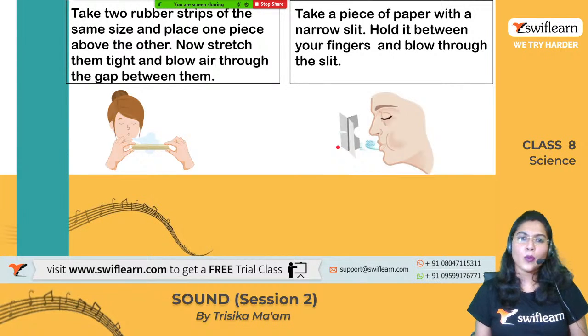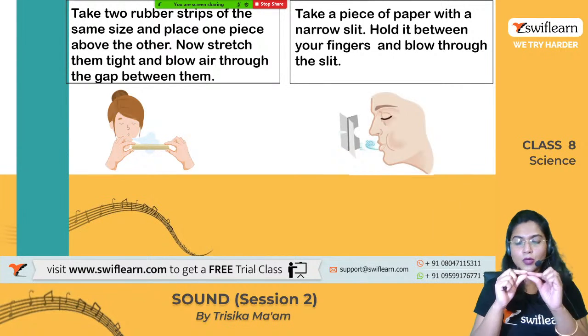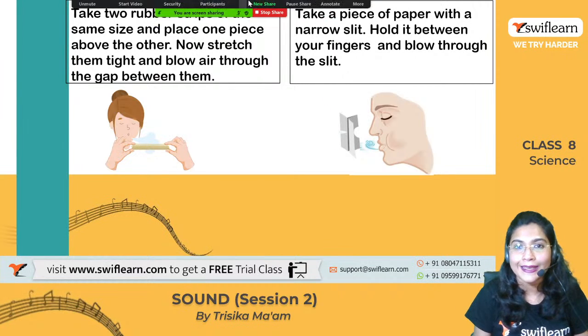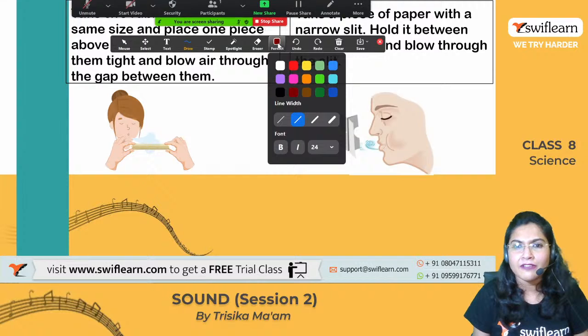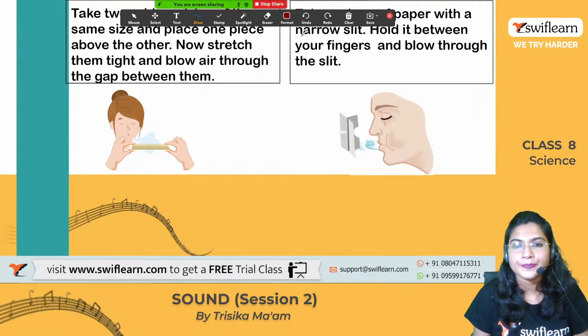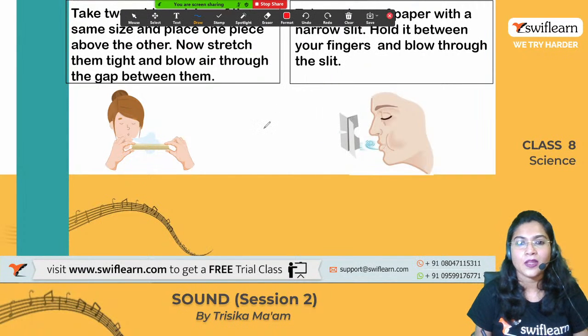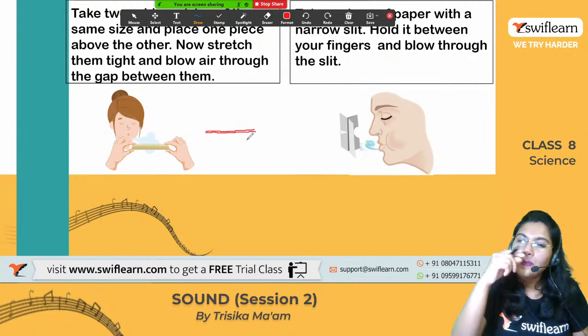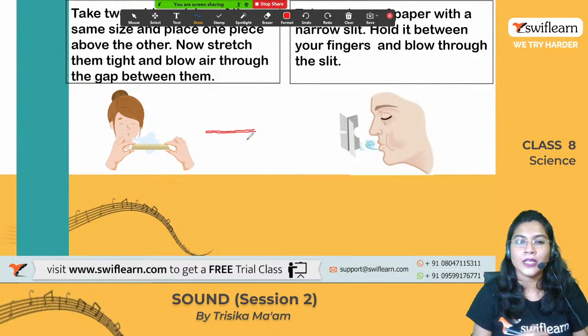Now you can take one rubber strip, the two rubber strips over here. Let me show you how you have to take it by giving a very simple diagram. You have to take the two rubber strips and stretch them tightly, and blow some air through the gap.